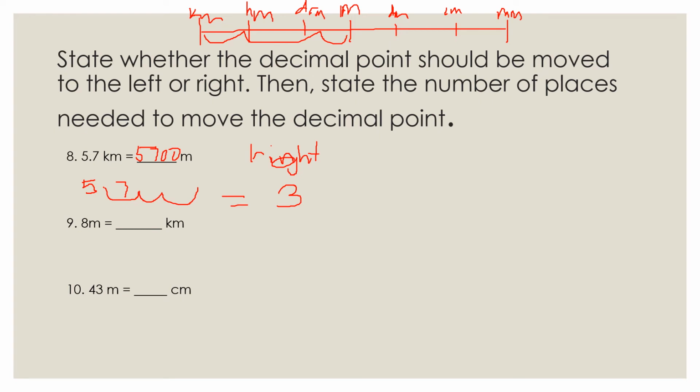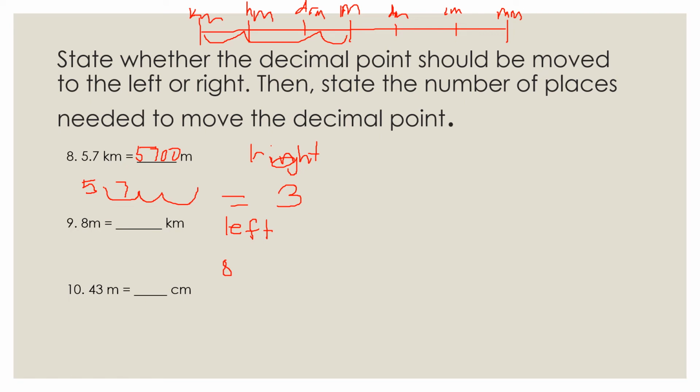Next, from millimeter to kilometer. Of course, we need to move to the left. Since we have 8 meters, we need to write here because we need to move to the left.